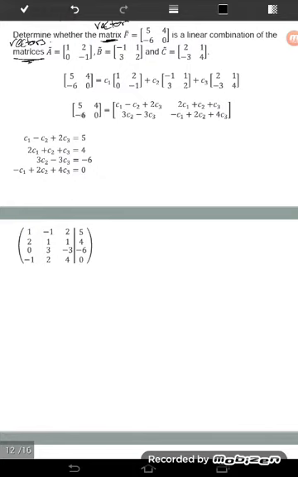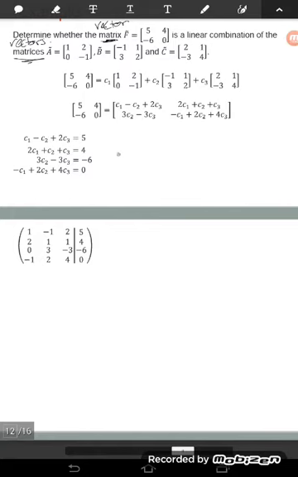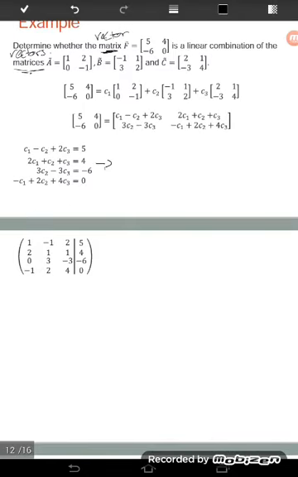And then comparing both sides, left side and right side, we have C1 minus C2 plus 2C3 equal to 5, and then 2C1 plus C2 plus C3 equal to 4, and then 3C2 minus 3C3 equal to negative 6, and last one, negative C1 plus 2C2 plus 4C3 equal to 0. And then find the augmented matrix.